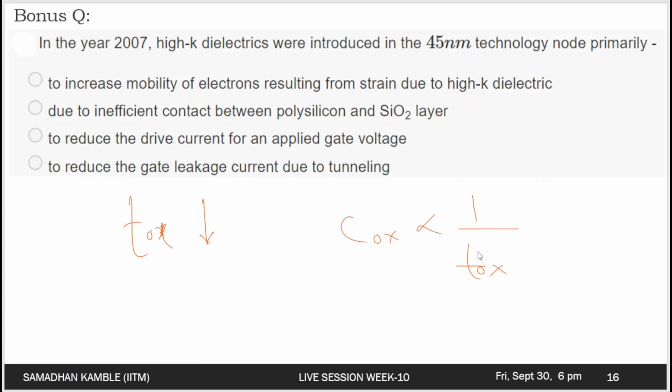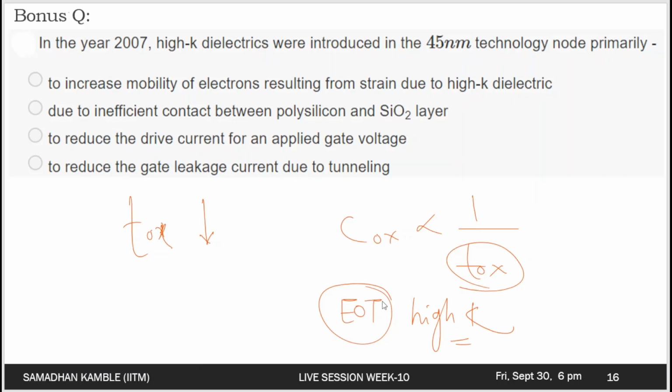So in order to increase the capacitance and the performance, what we indeed used was high-k dielectrics, in which the effective oxide thickness is also reduced. Even if you don't physically reduce the thickness, because we are using high-k dielectrics, effectively we can say that the thickness of the oxide is reduced.